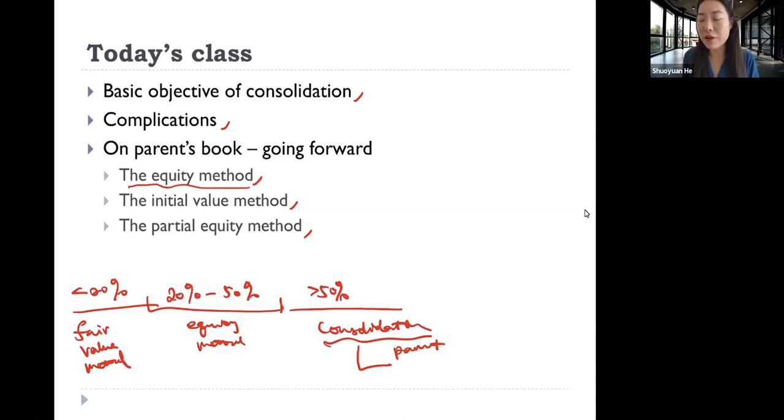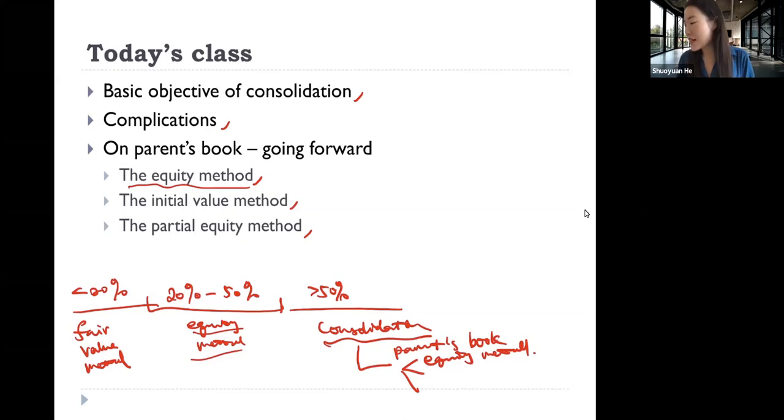And then on the parent's books, the parent can use any of the three methods: the equity method, initial value, and partial equity. The equity method here is similar to the equity method before, but conceptually, those are two totally different situations. This is something to pay attention to.